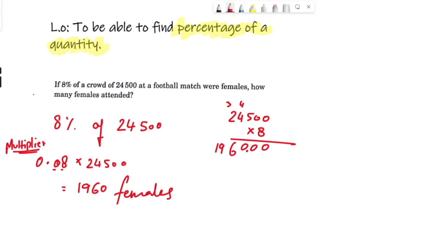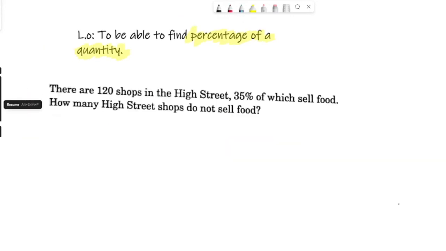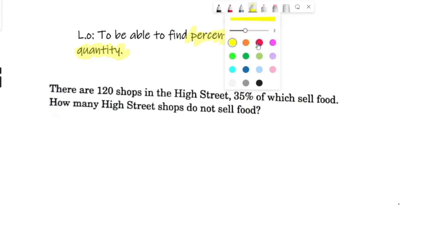Let's do one more example. There are 120 shops in the high street, 35% of which sell food. How many high street shops do not sell food? See, there is something important in this question. They're not asking how many shops sell food, but how many shops do not sell food.